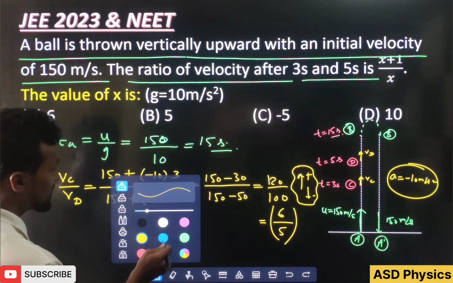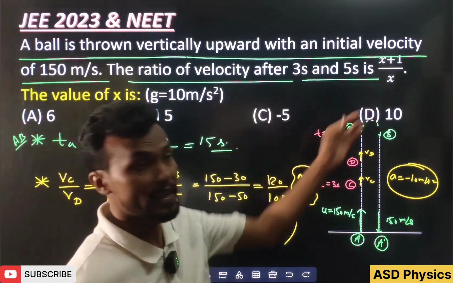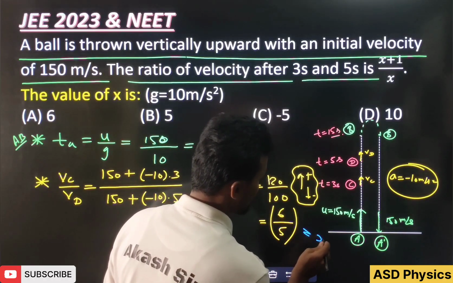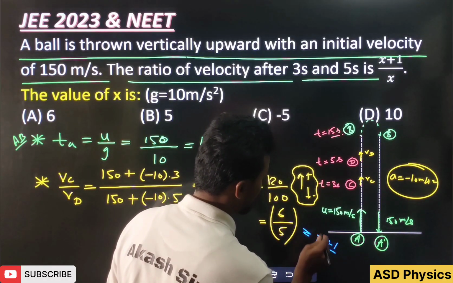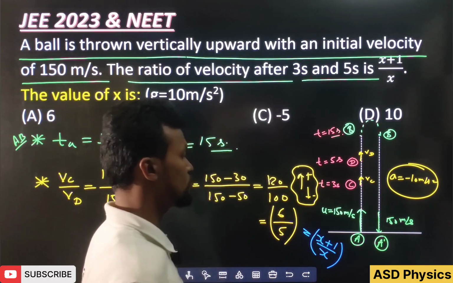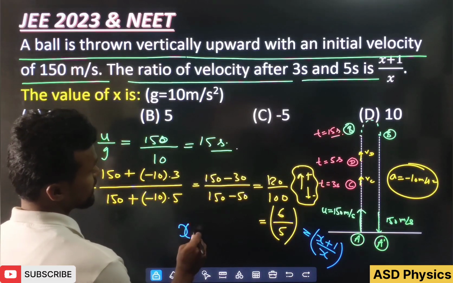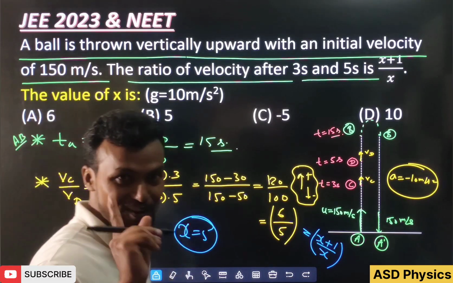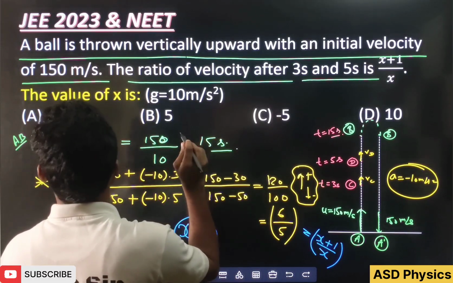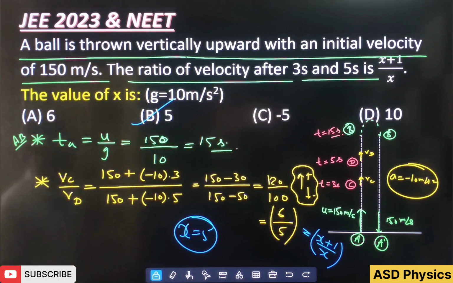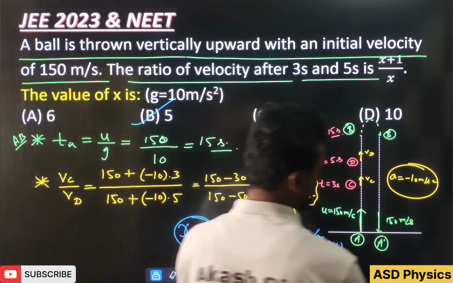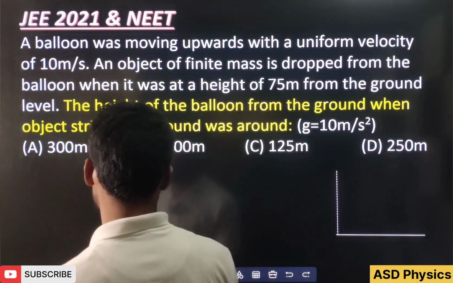We compare this 6 by 5 with (x plus 1) by x, and by seeing it you can see the value of x is 5. So the correct option is B. See in how beautiful a way we are solving the motion under gravity based questions.